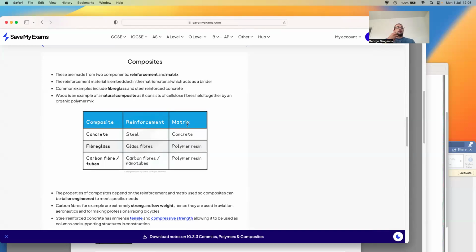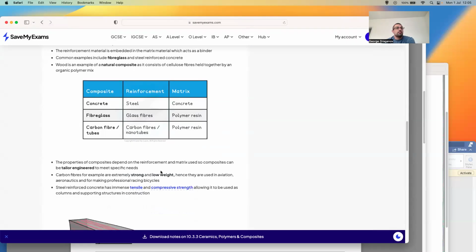And know that they have different properties to the original materials. So for example, while steel and concrete are two different things, when you make the composite, the steel reinforced concrete has immense tensile and compressive strength, so it can be used in columns to support buildings.